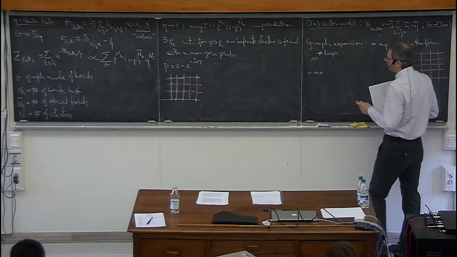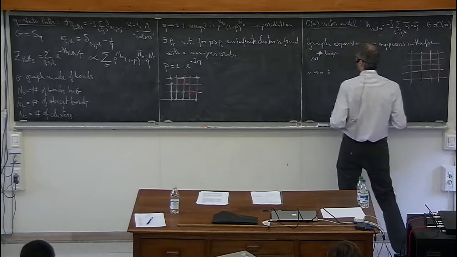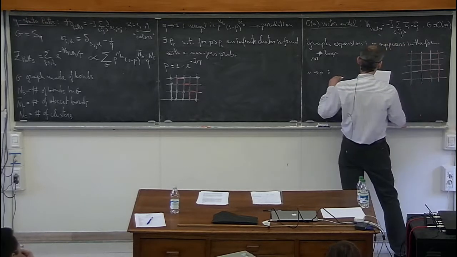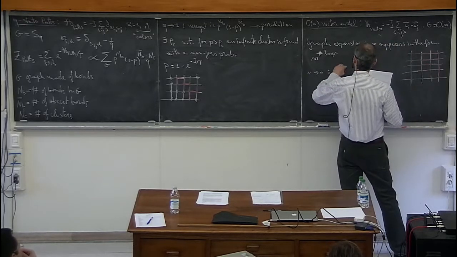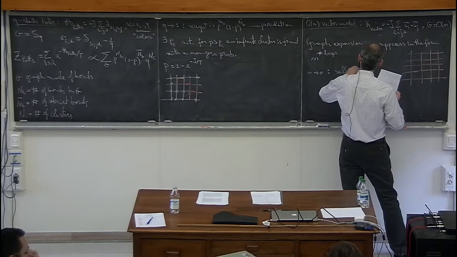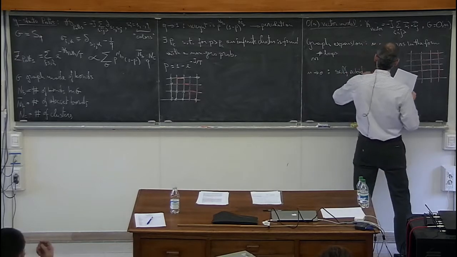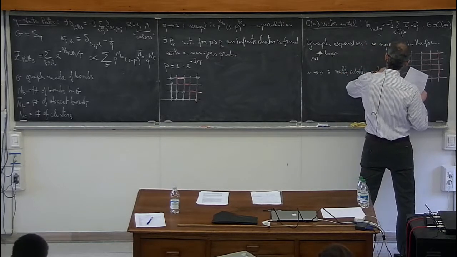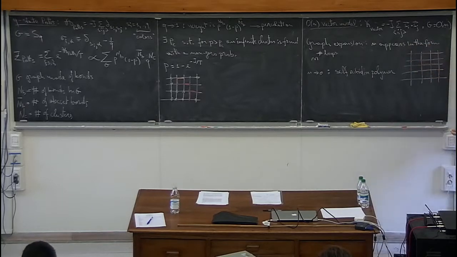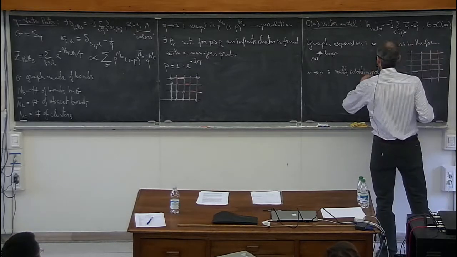So in this limit, what you recover is the problem of the self-avoiding polymer or self-avoiding walk. So you have one loop which takes all possible configurations on the lattice, and you are studying the statistics of such an object, self-avoiding.